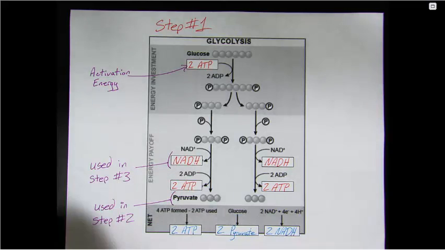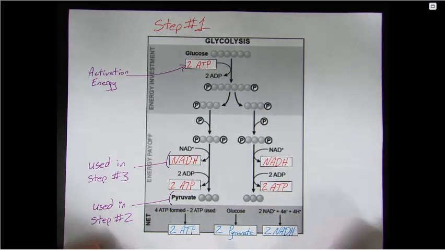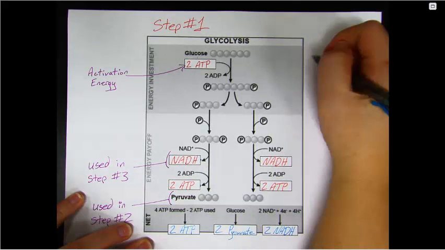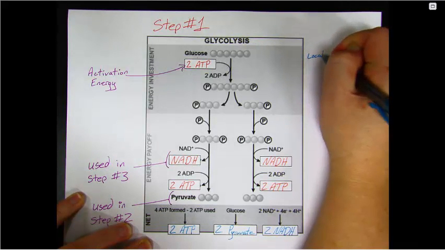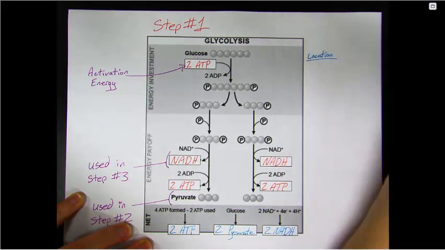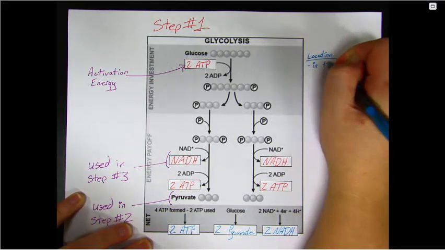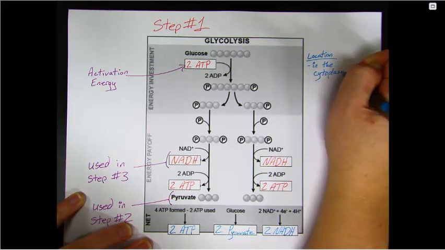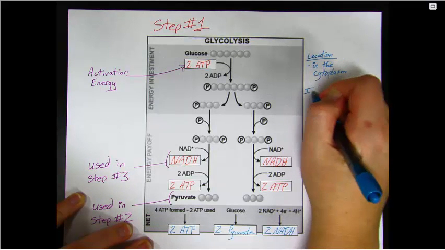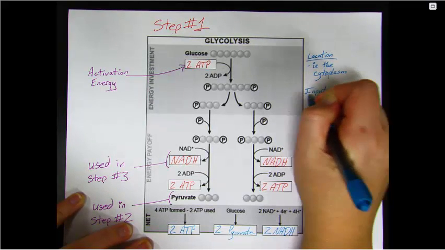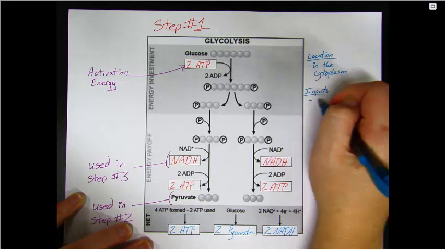Now I also want to review the location and the inputs and outputs summary. As you're studying, you're going to want to pay particular attention to this summary over on the right. So our location of the first step, which is glycolysis, takes place in the cytoplasm. The inputs involved in glycolysis include glucose.